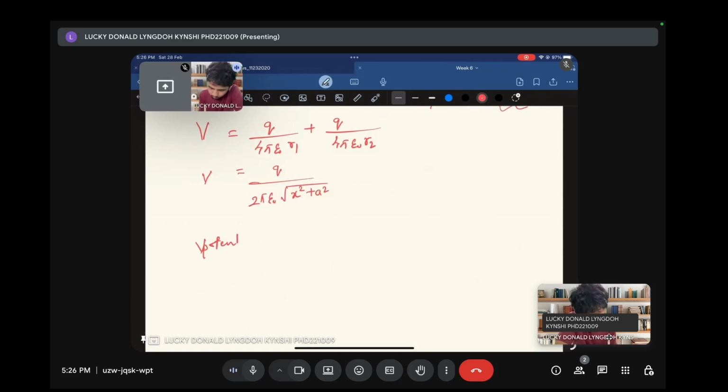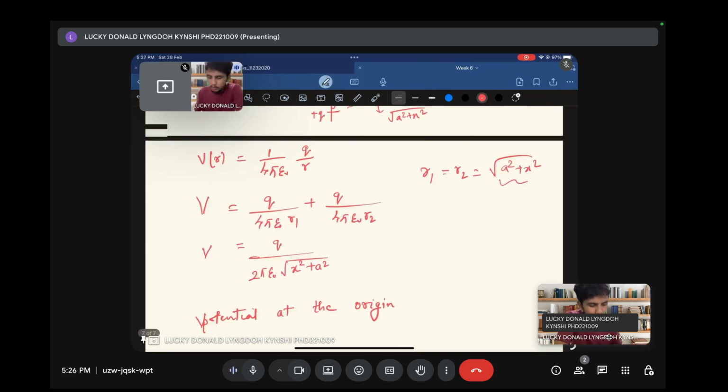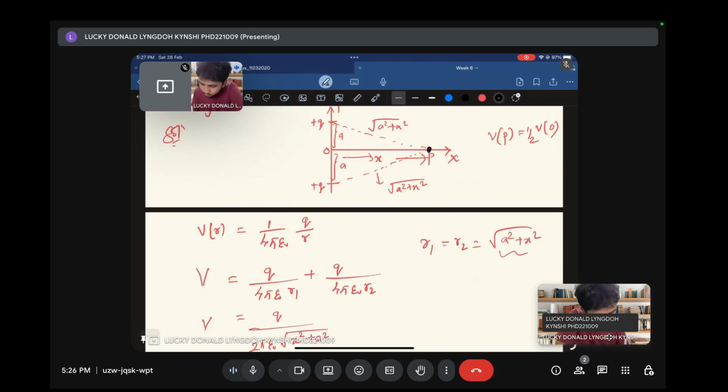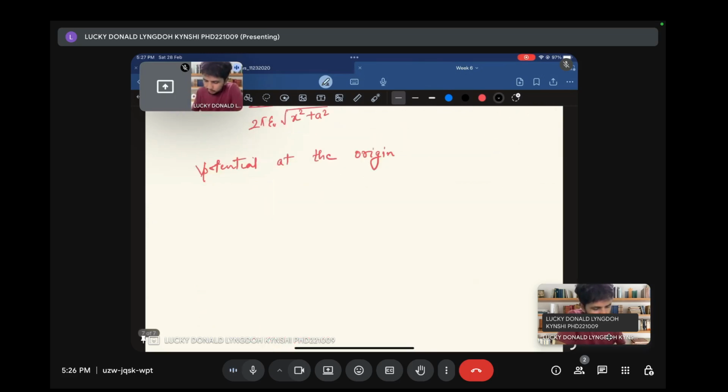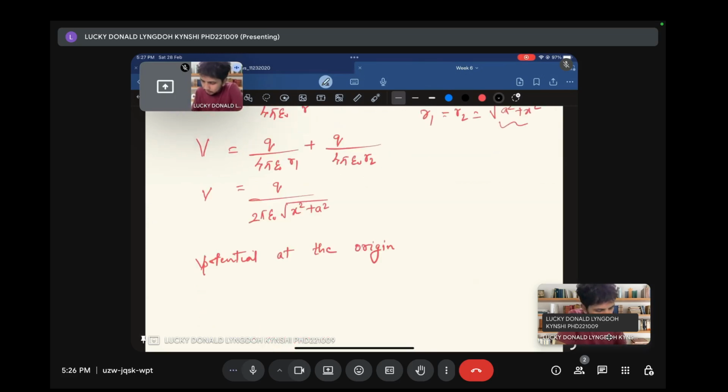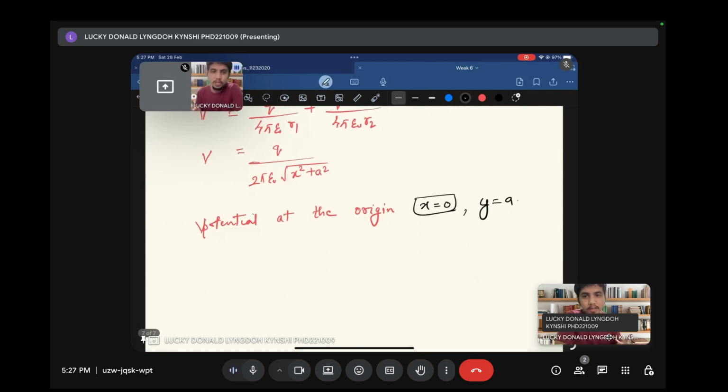What is the potential at the origin? That means at the origin, you are talking about this point here. The origin means that x is equal to 0, but y is equal to a, because your charge is at the distance a.